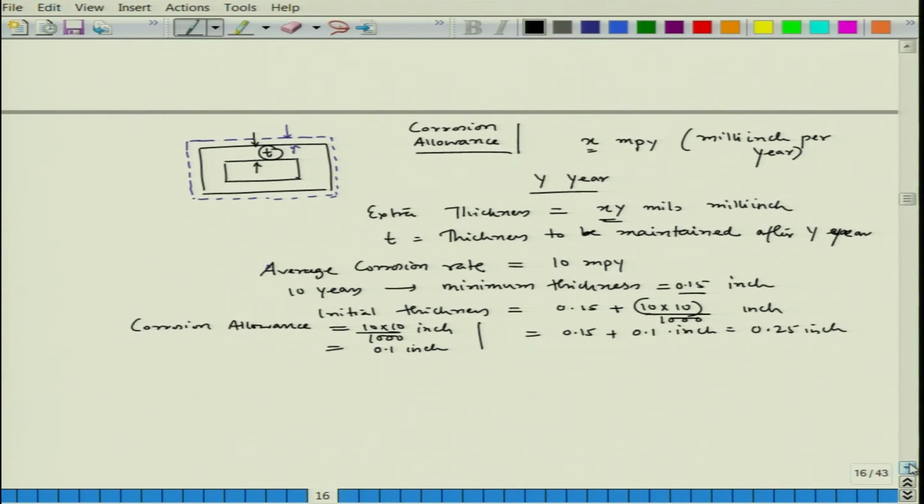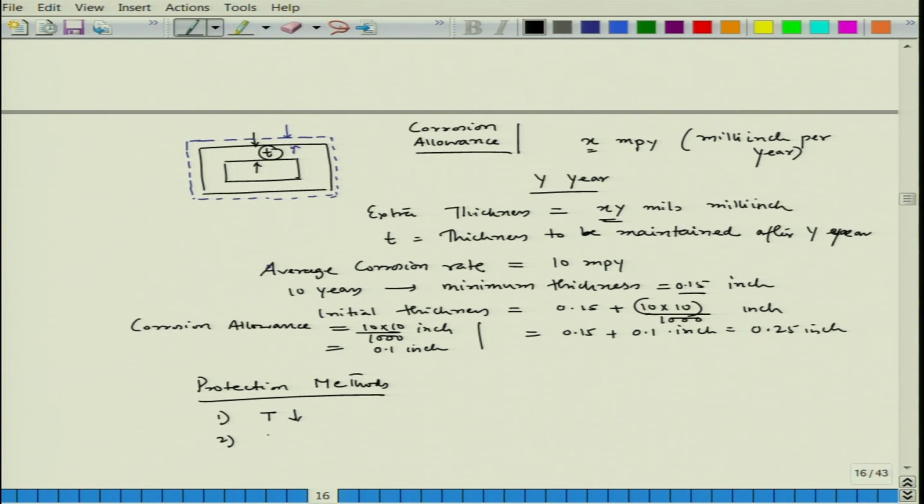And if we consider protection methods for controlling uniform corrosion, there are several one can think of. One can reduce the operating temperature, because if we increase the temperature the reaction rate increases, so if we decrease the temperature the corrosion rate would be less.